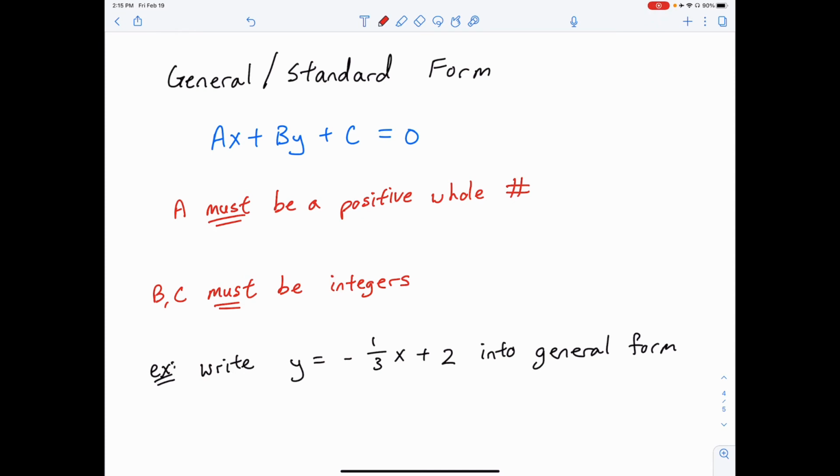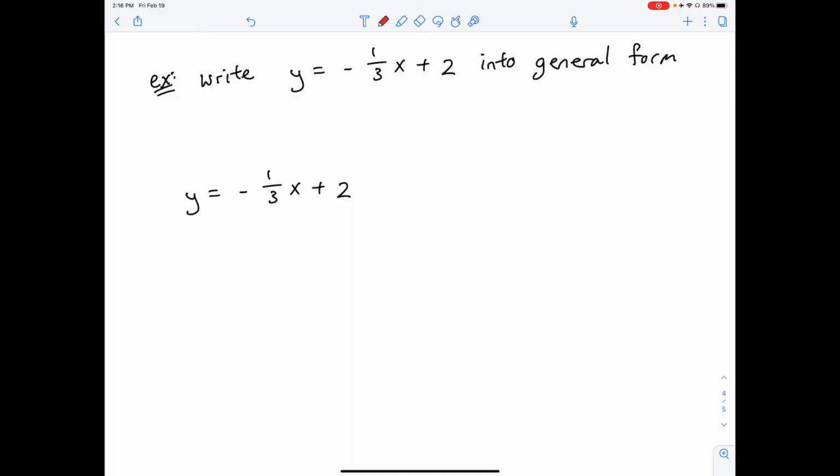In this example, it says that we want to write y equals -1/3 x plus 2 into general form. We see that in this example there is a fraction of -1/3. So we need to get rid of any fractions since all of our a, b, and c have to be whole numbers or integers.